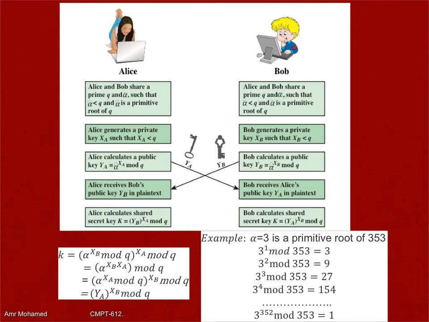Is there a table or rule if you want to dictate the size of the secret key that is generated in the end when you are selecting Q and alpha? Is there some relationship where you can say Q is this big, alpha is this big, or even when you are choosing XA, for example? In the end, I want to generate a key of this size. I'm not aware of any, to be honest.